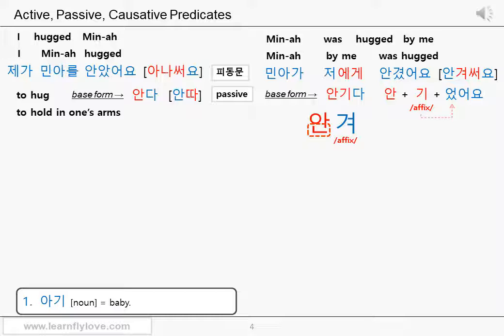You can still use this particle, 에게, for the word which actually performs the action in the passive sentence, like 저 in this sentence. But because of the fact that the particle 에게 can also indicate the word which is affected by the subject or action that the subject takes, like the indirect object to someone, sometimes this particle, 에게, cannot be used for the word that actually performs the action in the passive sentence.